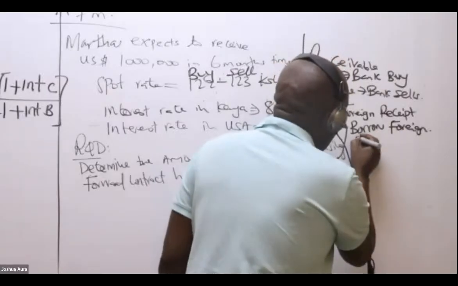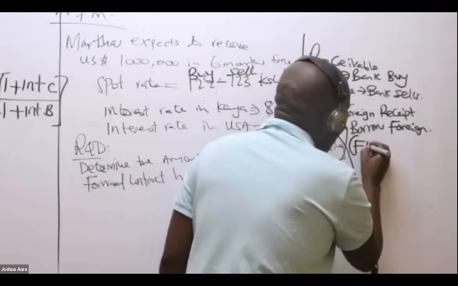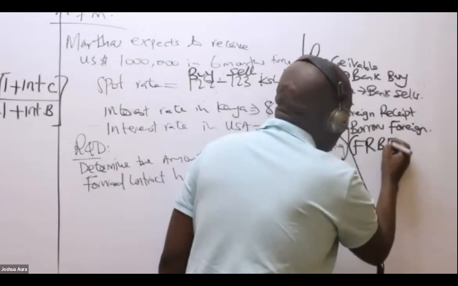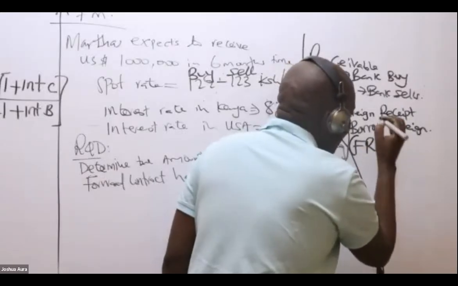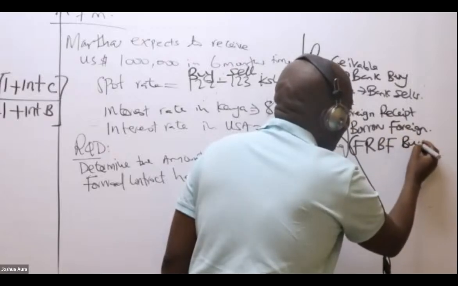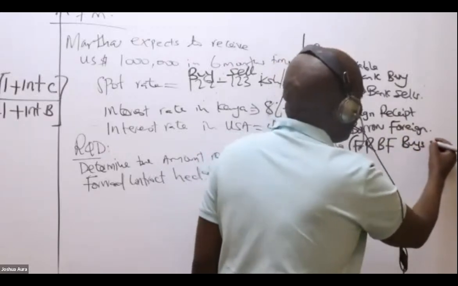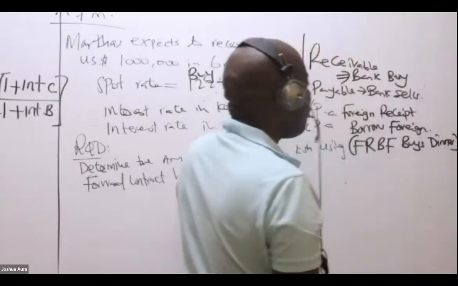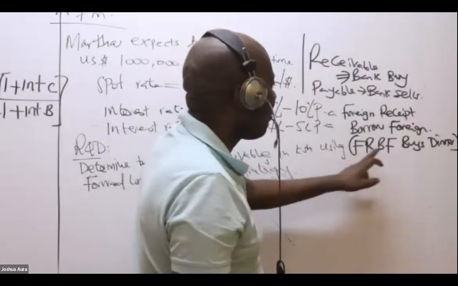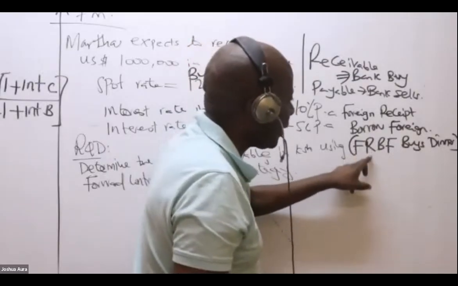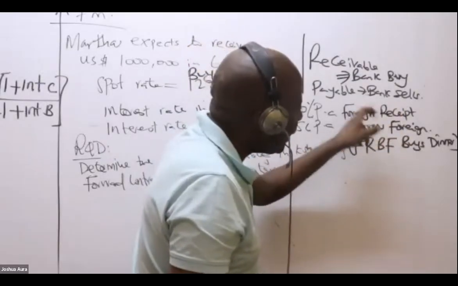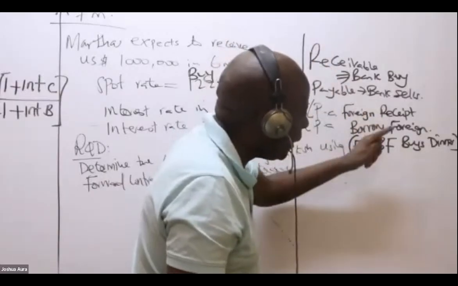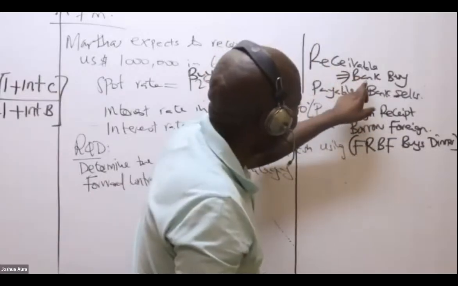And that is why we call this one a foreign boyfriend. A foreign boyfriend is good. He buys dinner. So when you talk of foreign boyfriend, we are looking at foreign receipt. So anytime there is a question of receipt, always remember receipt, the bank buys.